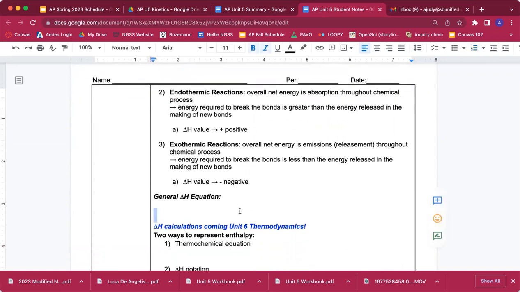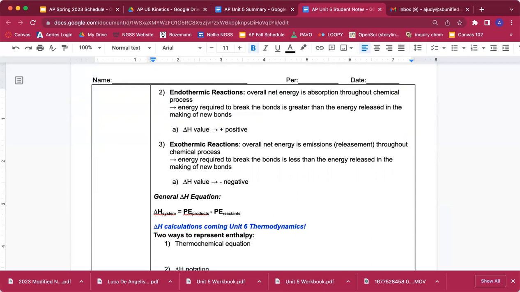So the general equation for calculating the change in enthalpy is the following: the change in the system is equal to the potential energy of the products, which is represented in enthalpy values, particularly to those product species, minus the potential energy in the reactants.